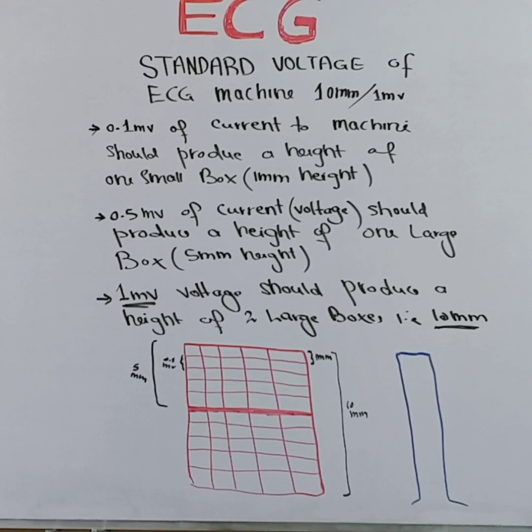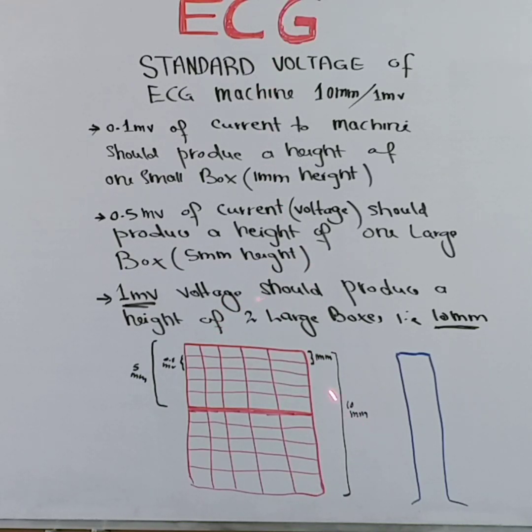So whenever you look at the ECG paper, try to look for two things. One, this marking, which is known as the sensitivity marking, and its height should be equal to 2 large boxes, that will be equal to 10 millimeter, and it should be written somewhere 10 millimeter per millivolt. That means a voltage of 1 millivolt being delivered to the machine will generate a height of 10 millimeter or 2 large boxes.